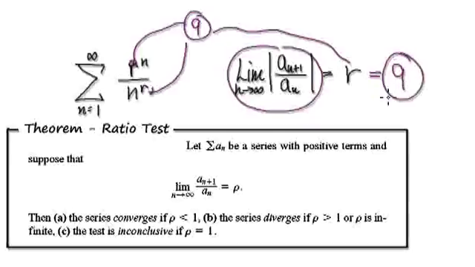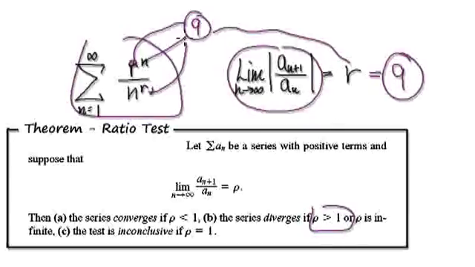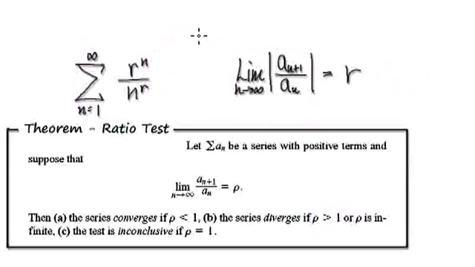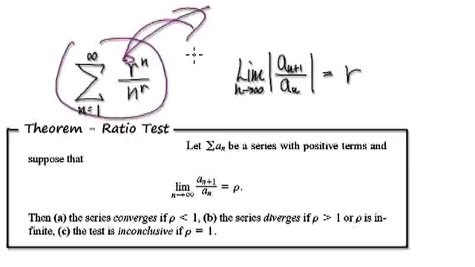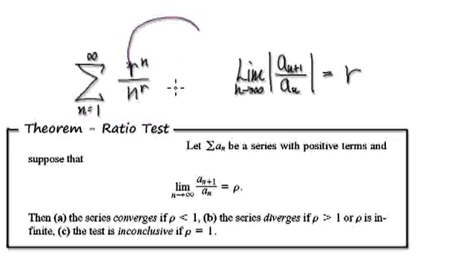This 9 is bigger than 1, so this series will diverge. So the point here is that if you put in a number bigger than 1, it will diverge. If you put a number into r where it's less than 1, then it will converge. Okay.